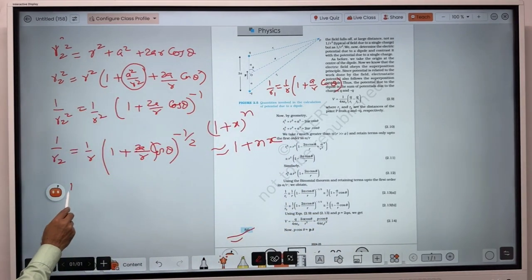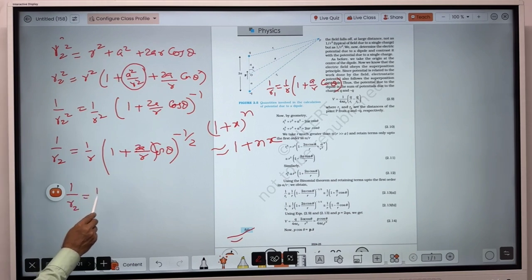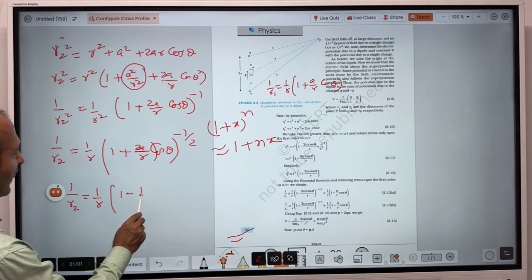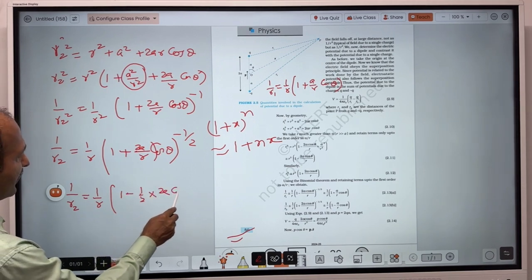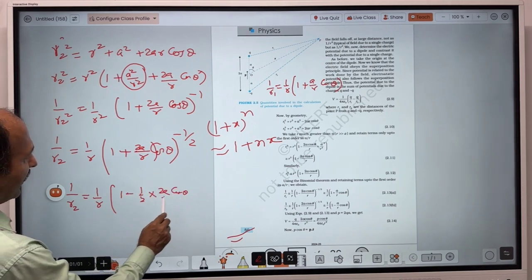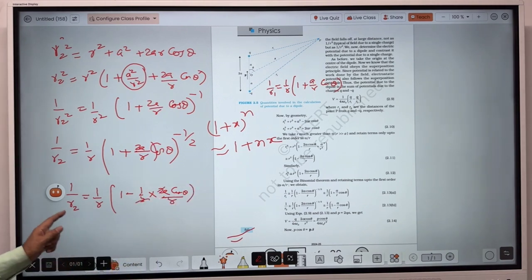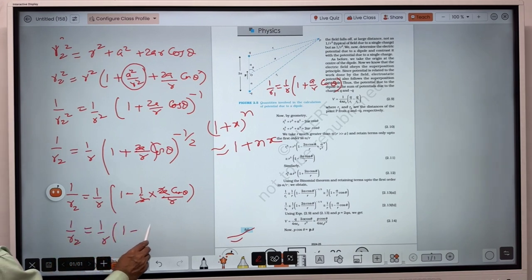So here it becomes 1 upon r2 equal to 1 upon r times 1 minus 1 by 2 into 2a cos theta divided by r. So 2 will cancel out and we are left with 1 upon r2 equal to 1 upon r times 1 minus a upon r cos theta.